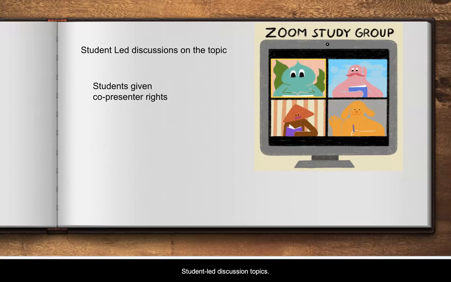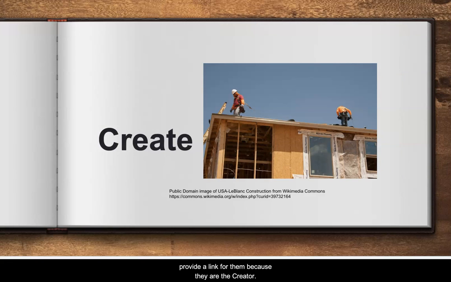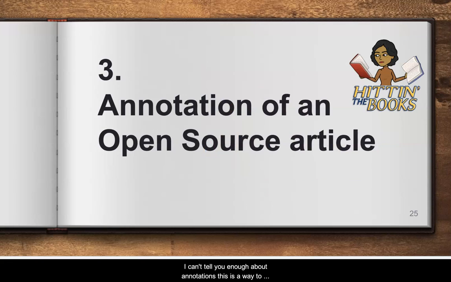Student-led discussion topics. Tell them what the topic is, and within 15 minutes they're going to have to come back in and explain that information. Provide a link for them because they are the creators. I can't tell you enough about annotations.